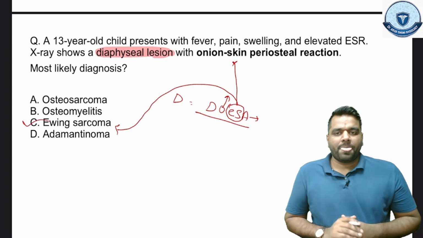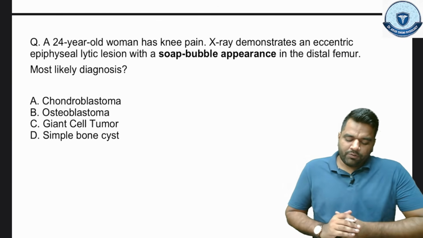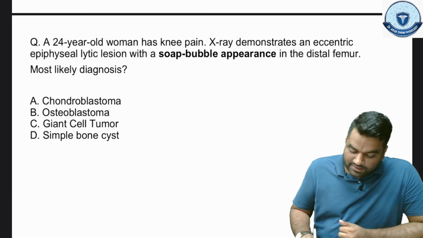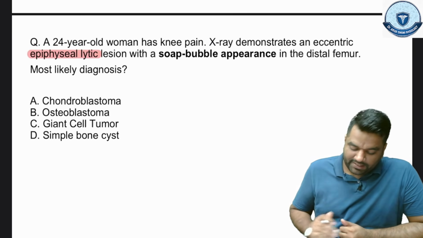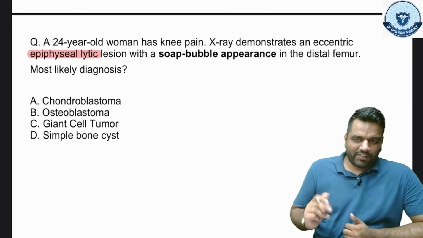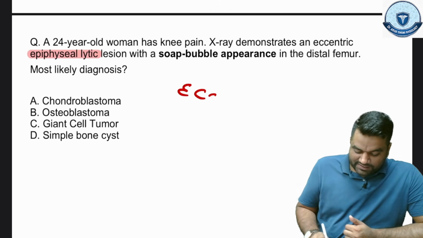Ewing sarcoma. Now, the next is a 24-year-old woman who has knee pain. X-ray demonstrates an eccentric epiphyseal lytic lesion with soap bubble appearance in the distal femur. So where is the lesion? In the epiphyseal area. In epiphysis, we know the mnemonic is ECG.